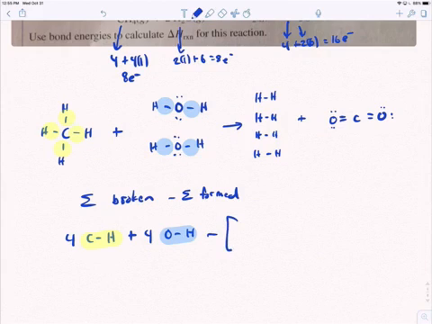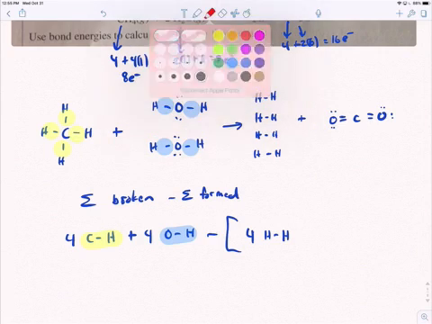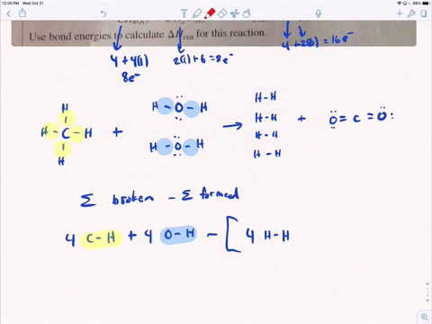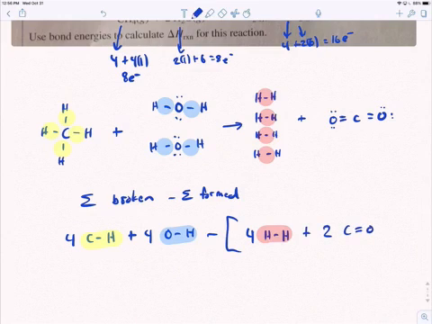And we are subtracting: we're forming 4 hydrogen-hydrogen bonds, plus 2 carbon double bond oxygens.